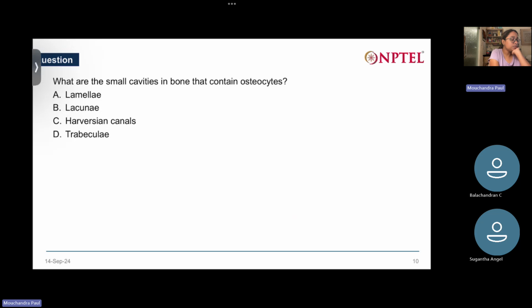Now, what are the small cavities in bone that contain osteocytes? I told you osteocytes reside in osteon, which is the structural unit of compact bone. This question is based on the structure of the osteon, how it looks. Let me go back here.